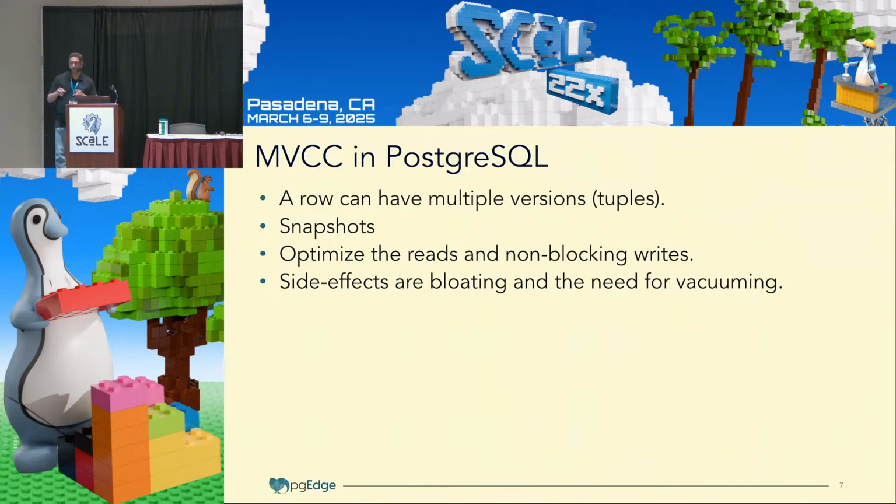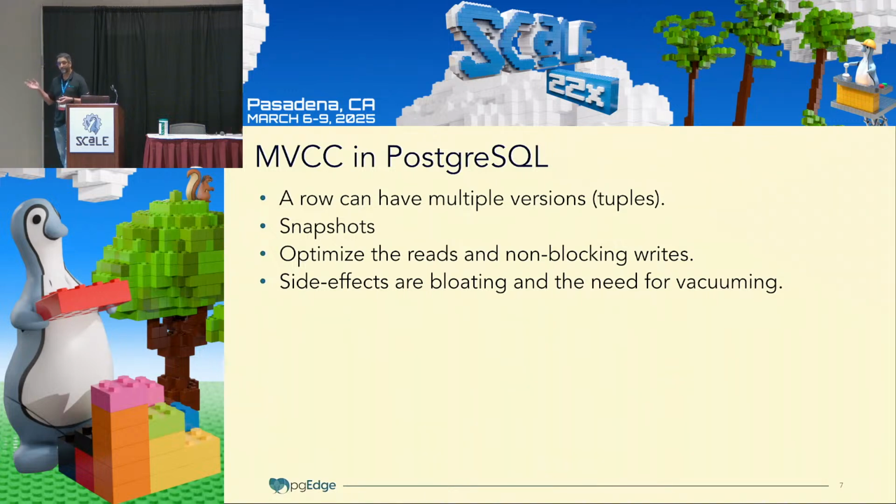That's its way of identifying its visibility to different data, rows or tuples that it wants to access. So really at the core of it is to optimize reads and not block the writes. It's done through a detailed locking mechanism.